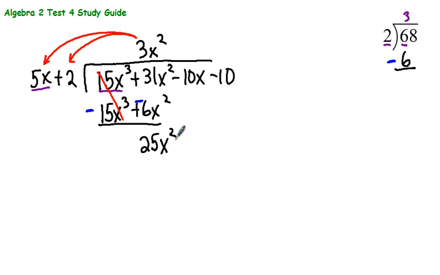Go back to the elementary school problem over here, right? 6 minus 6 is 0. What would we do now? Well, if there's anything else still up there, you bring it down. So we're going to bring down the 8. Well, we've still got some other stuff up here. We're going to do the same thing. We're going to bring down whatever's next here, which would be a negative 10x.